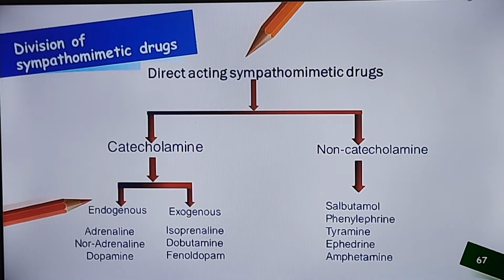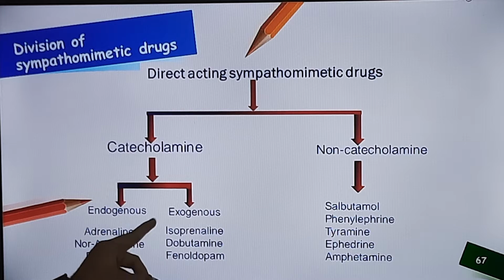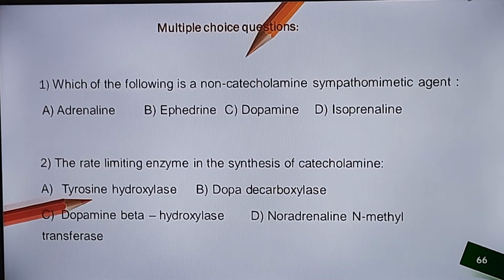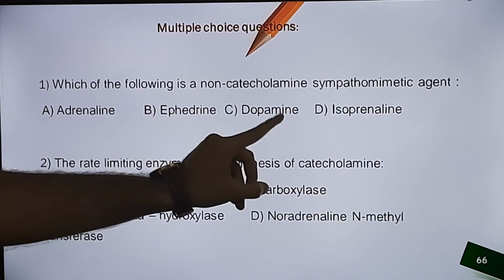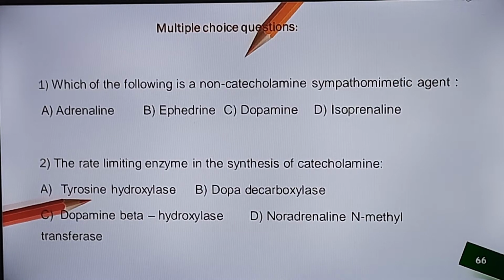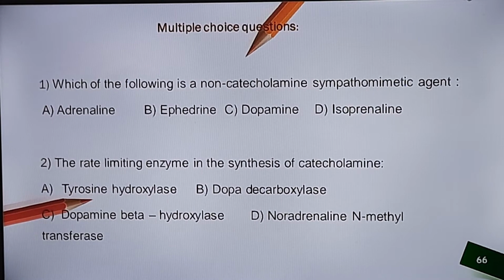So from our division we have isoprenaline as an example of exogenous catecholamine. So अगर ये क्वेश्चन पूछा जाता, isoprenaline would be the correct answer. I hope you understood this particular example very well.